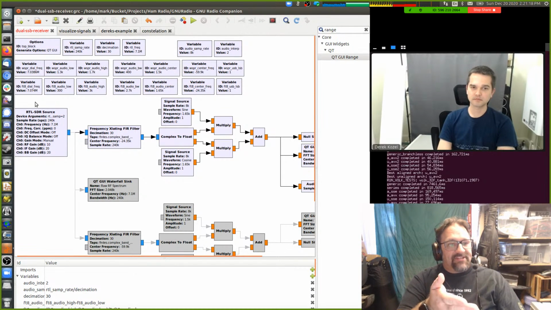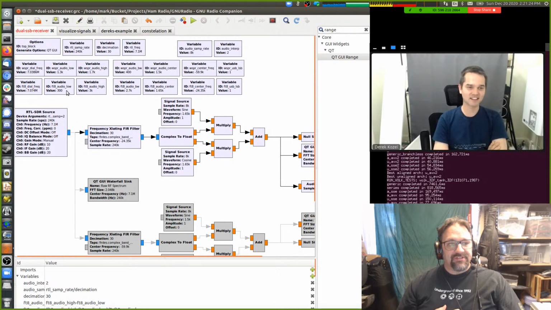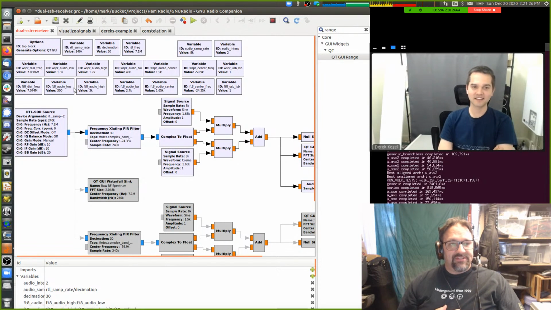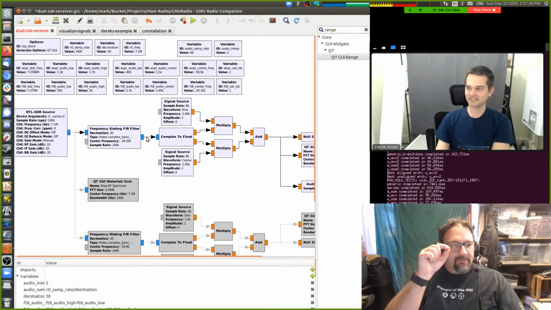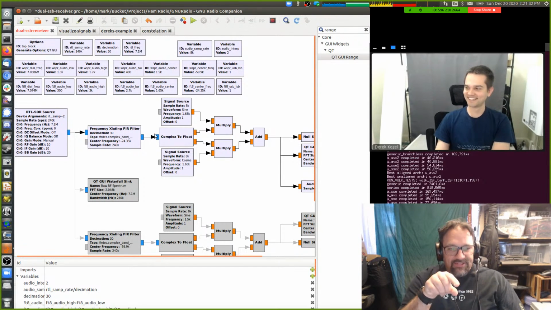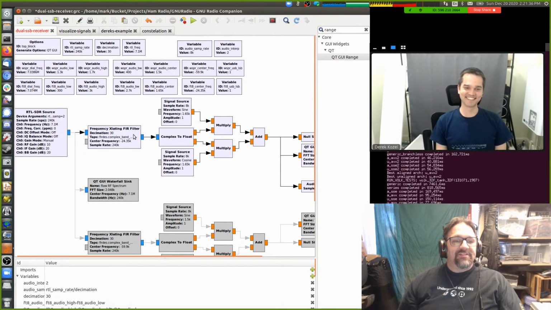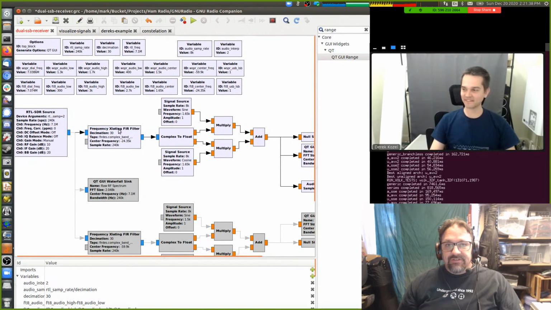Just the audio passband that I'm interested in. So if you were to go to your radio and dial in this frequency and set your audio filters to that, a 2.7 kilohertz IF filter here, what the output of that would be is what's coming out here. All right? So this is our second IF stage, basically.